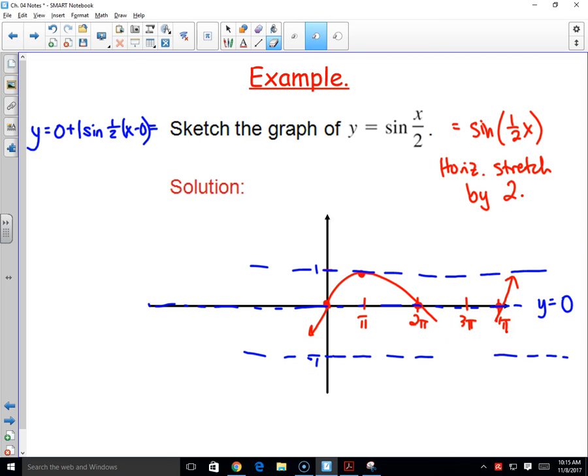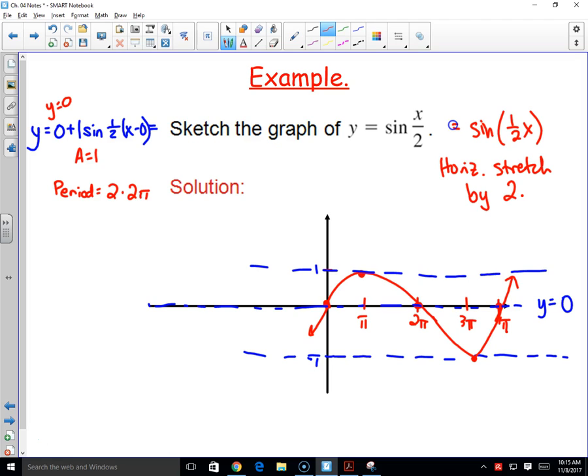So that's my equilibrium, my sinusoidal axis, that's y equals 0. This is my amplitude. What would I have done with my 1/2? What would my period have been? 2 times 2 pi. Hey, look! I'm going to finish one cycle in 4 pi. What are my quarter cycles going to be?